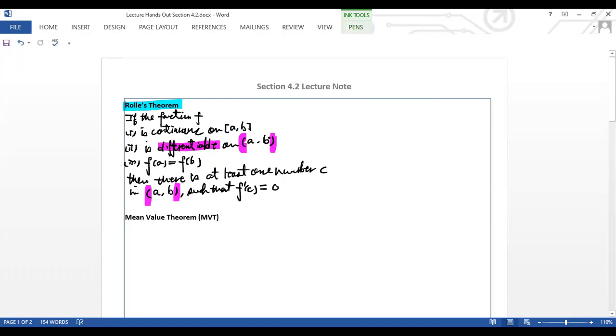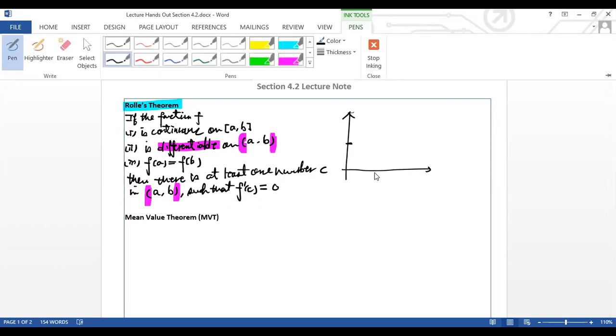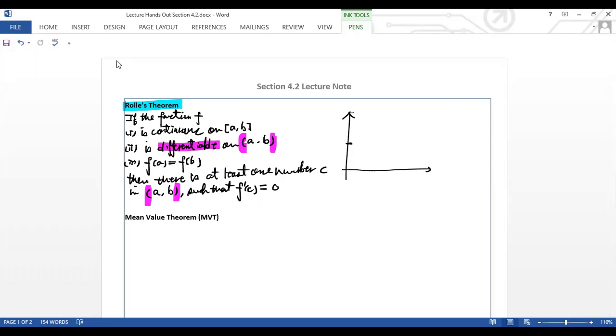So what is the meaning of Rolle's Theorem? Let me draw a picture, and that will make a lot of sense to you. For example, I have a function here. Let's say this is my a, and this is my b.